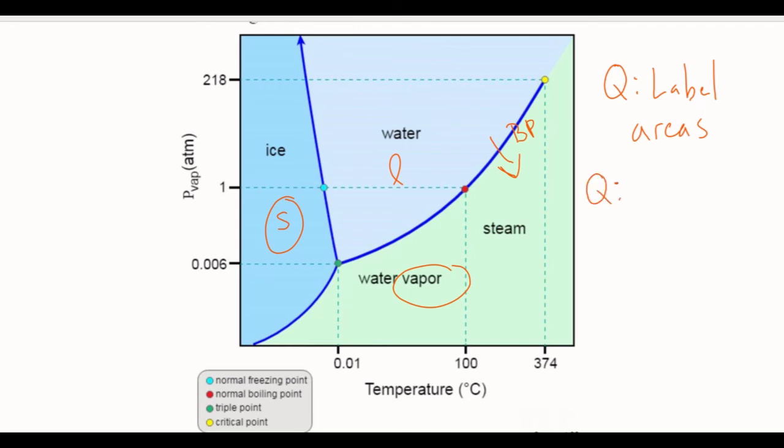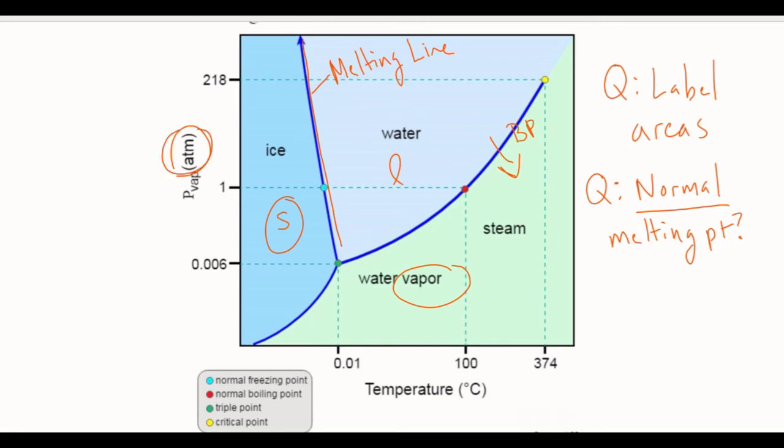Some questions will also ask you what is the normal melting point and what is the normal boiling point. So it can melt anywhere along this melting line. Over here, this red space, this is the whole melting line. So any point there, it can actually melt, but it wants to know what is normal. Normal is when you look at the pressure, it will either be in ATMs, it'll be 1 ATM.